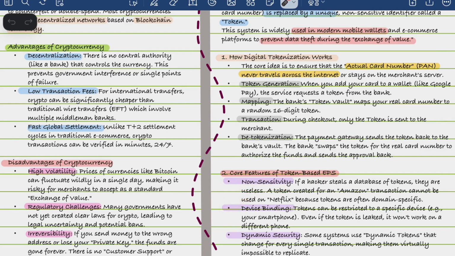Then you see device binding. Tokens are restricted to a specific device. So if the token is leaked, it won't work on a different phone. And there is dynamic security, right? Some systems use dynamic tokens that are exchanged for every single transaction, and this makes it virtually impossible for hackers to replicate them or use them somewhere else, because the token is regenerated again and again after every single transaction or after a few transactions limit.